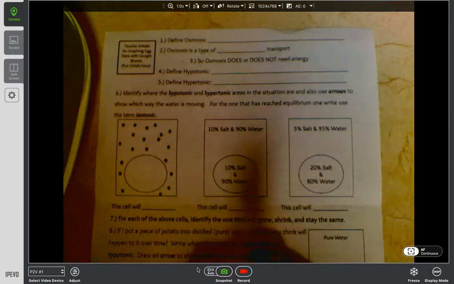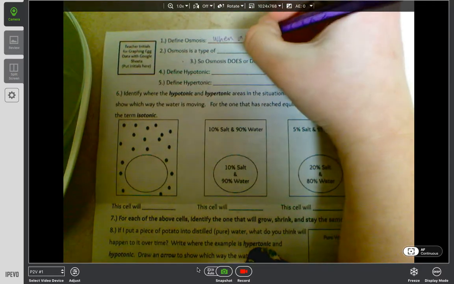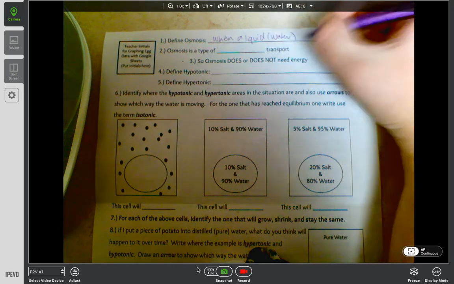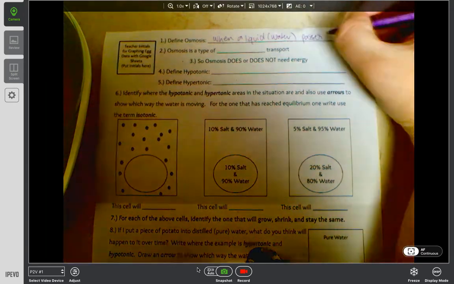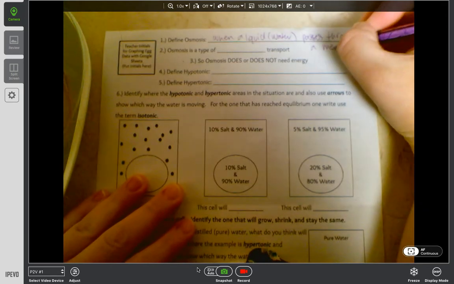So osmosis is a liquid, in our case it's going to be water, passes through a membrane.